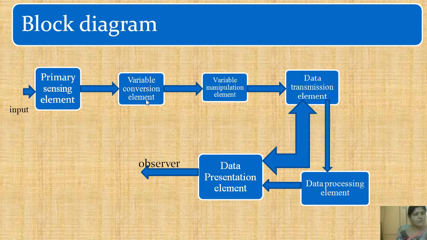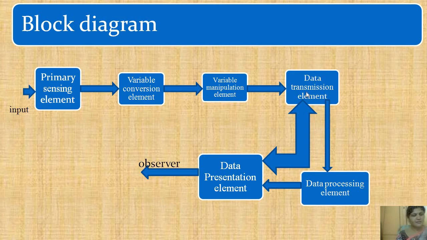Then we have the variable manipulation element, which manipulates the variable. Then we have the data transmission element, which transmits the data between different components of the measurement system.